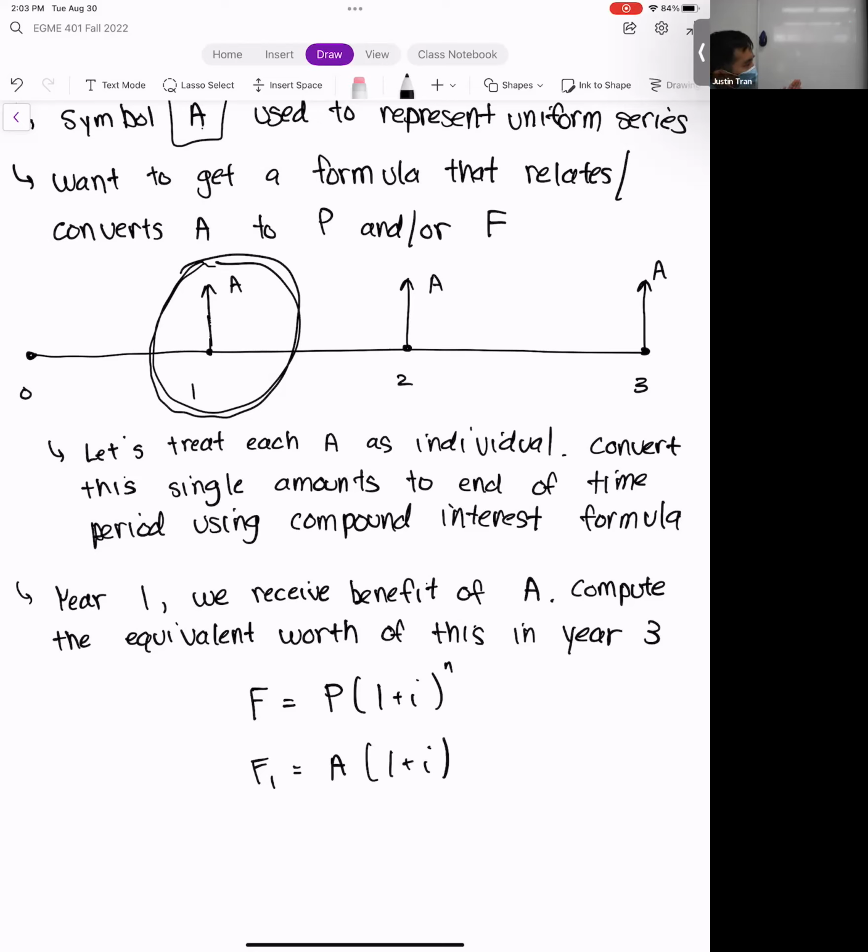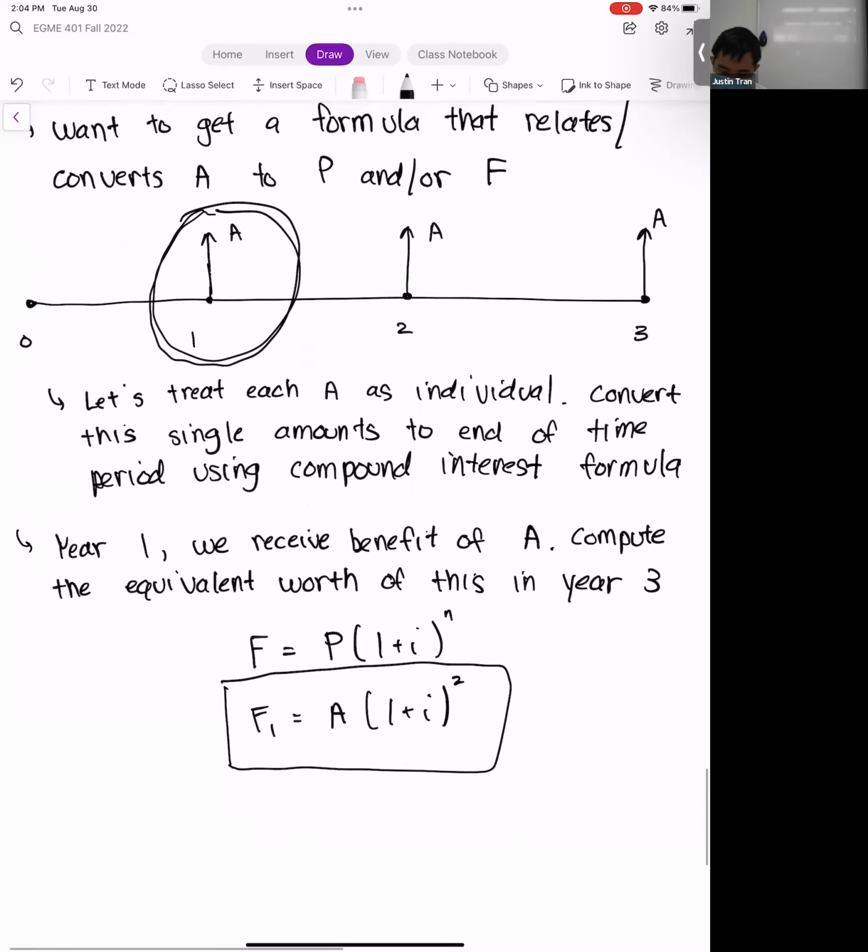And so if we take that A and find its equivalent worth in year three, we're going to call that F1. And then we need to account for how many years are going to elapse between the end of year one and the end of year three, right? And so if we plug that into the formula, that's going to be 2 years.